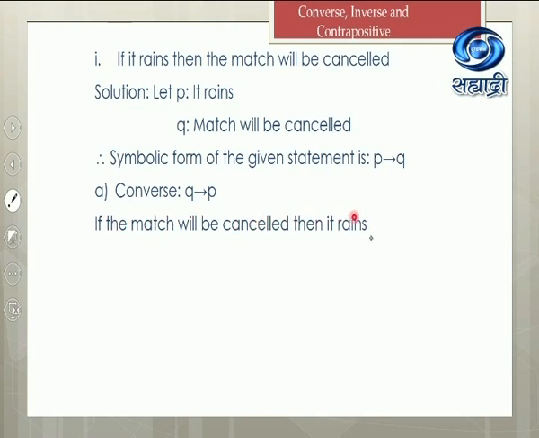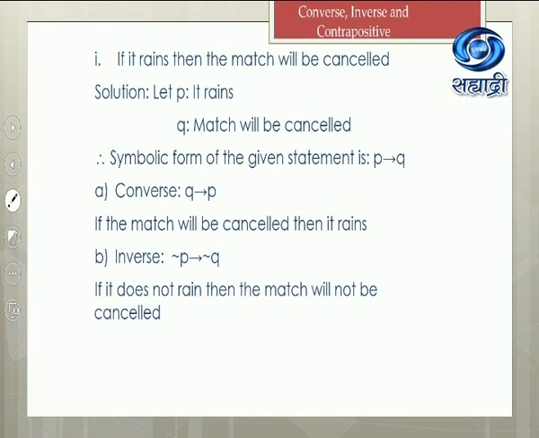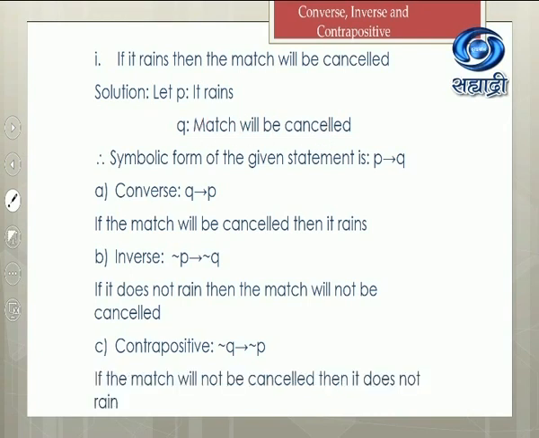If Q statement, then P statement. Next is inverse, negation P implies negation Q. So the statement will be: if it does not rain, then the match will not be cancelled. And contrapositive will be negation Q implies negation P. So if the match will not be cancelled, then it does not rain.